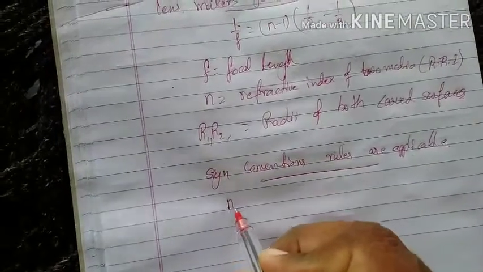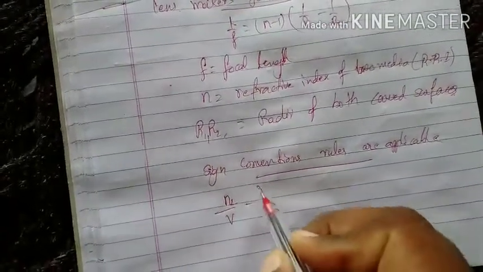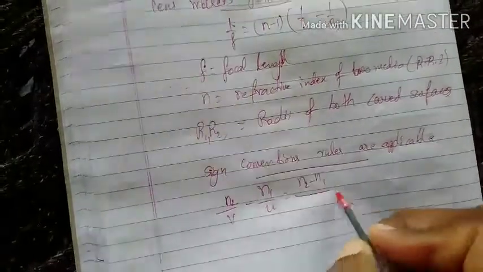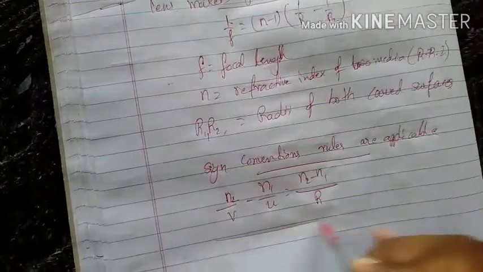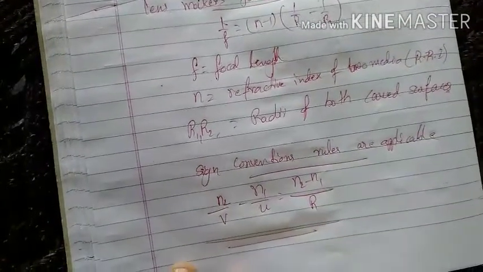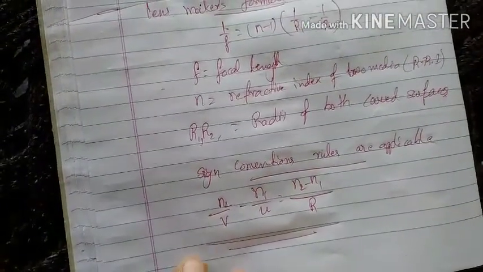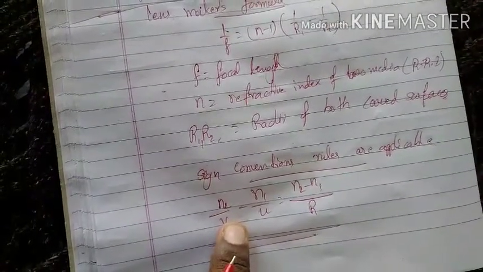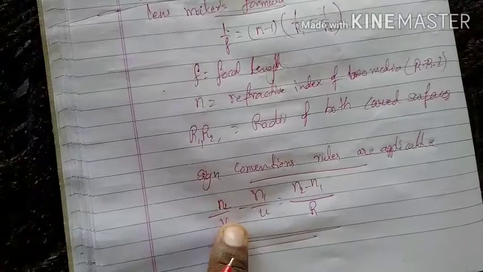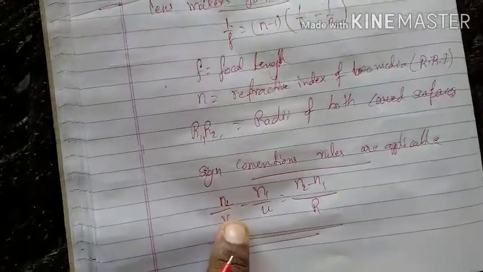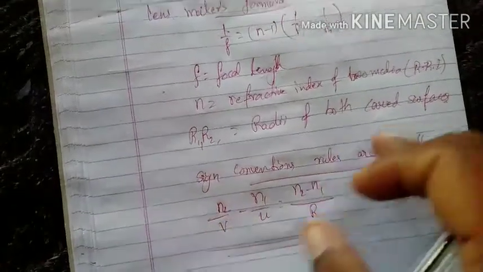That relation is n2 by v minus n1 by u is equal to (n2 minus n1) by R. This derivation from the beginning of the chapter we are going to use to derive the lens maker's formula. Okay, let us start.